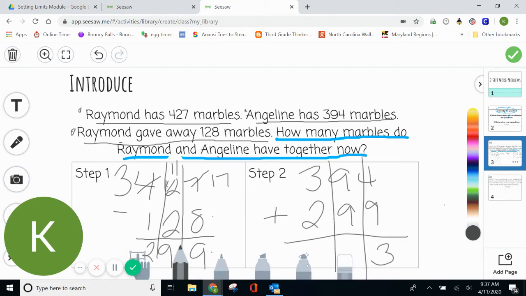So I know I'm going to have a 3 in the ones place, and I'm regrouping my 10. 9 tens plus 9 tens is 18 tens, plus one more 10 is 19 tens. So there's 9 in the tens place, and I'm regrouping my 100. 300s plus 200s is 500s, plus one more is 600. That means Angeline and Raymond have 693 marbles all together.